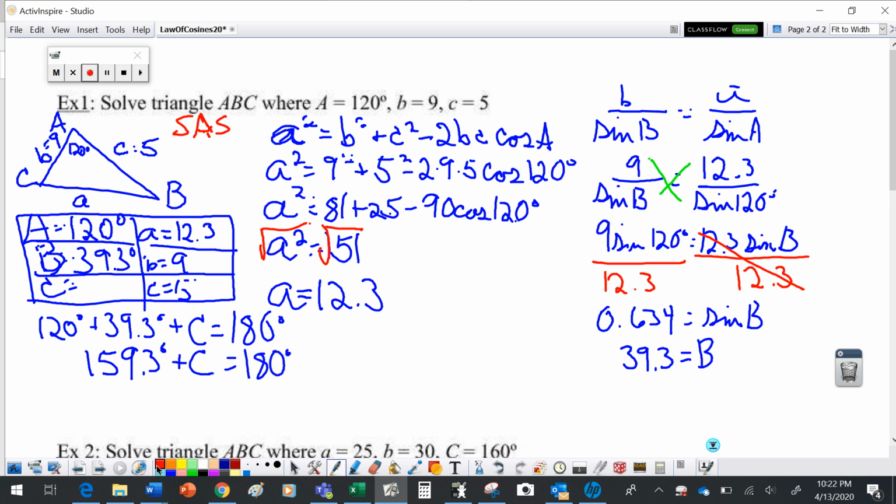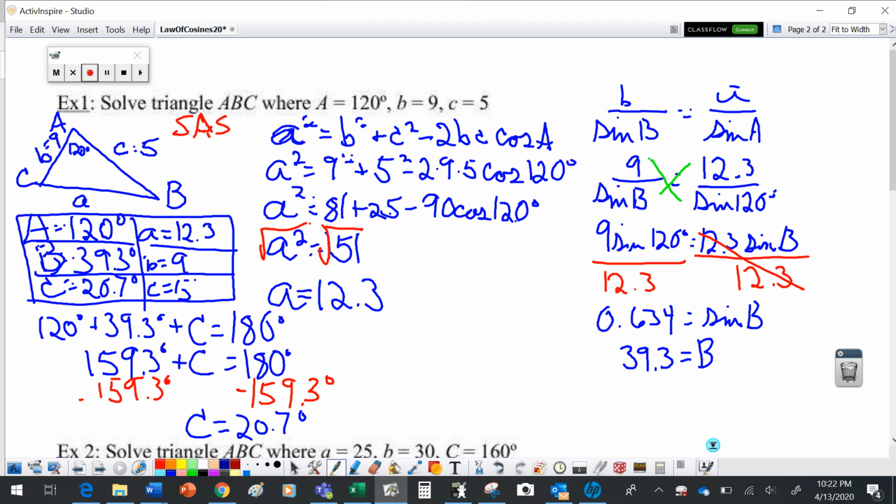Then we subtract that 159.3 from both sides, and we get that the measure of angle C is approximately 20.7 degrees. Can we put that on our answer key?